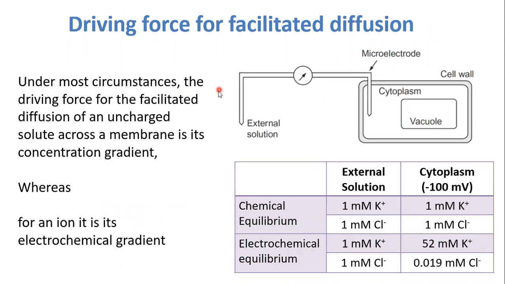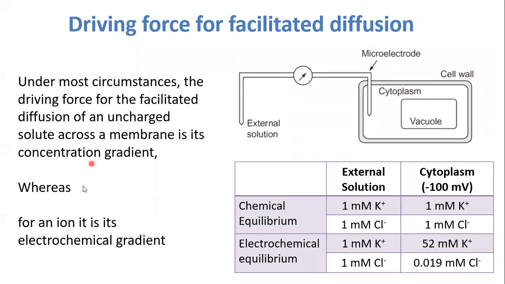Under most circumstances, the driving force for the facilitated diffusion of an uncharged solute across a membrane is its concentration gradient, as I mentioned earlier. Whereas for an ion, it is its electrochemical gradient. जब हम ion की बात करेंगे, तो the electric gradient will also be along with it.